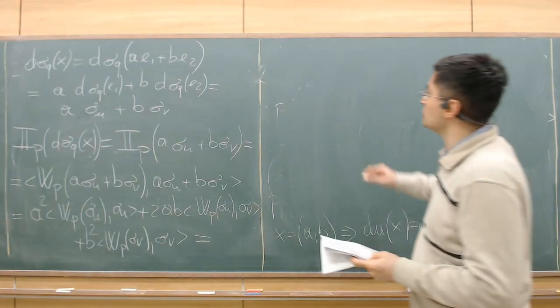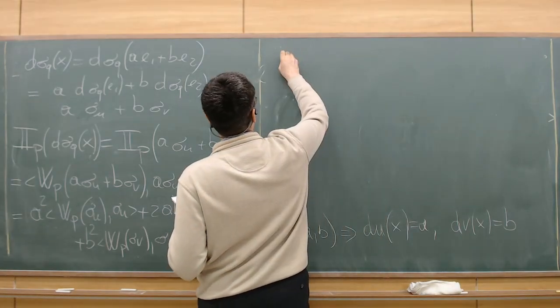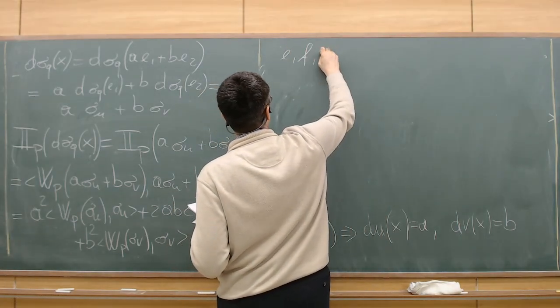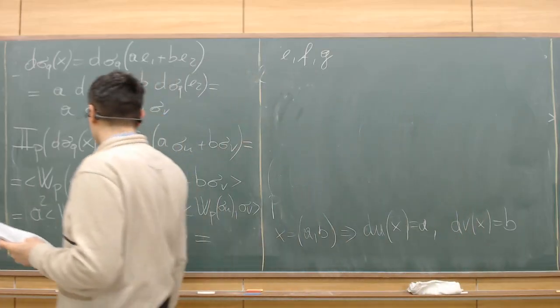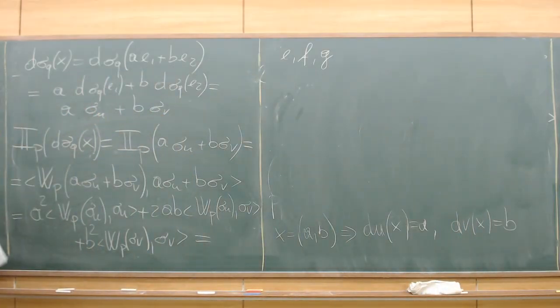So now I use the definitions of E, F, G in terms of the Weingarten map.